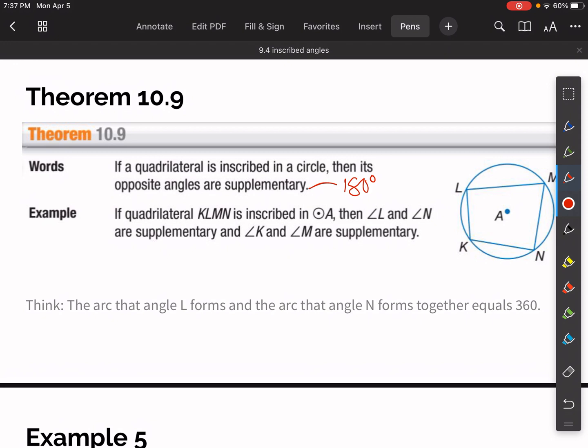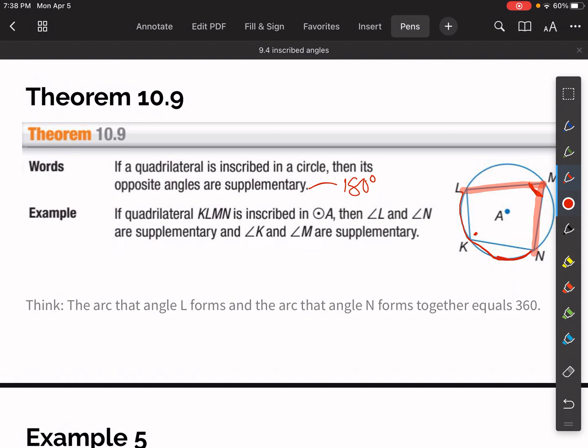Basically, if you have a quadrilateral in here, and you're looking at this angle M and this angle K, and you add the two together, notice what happens. The measure of M gives you this arc LN.